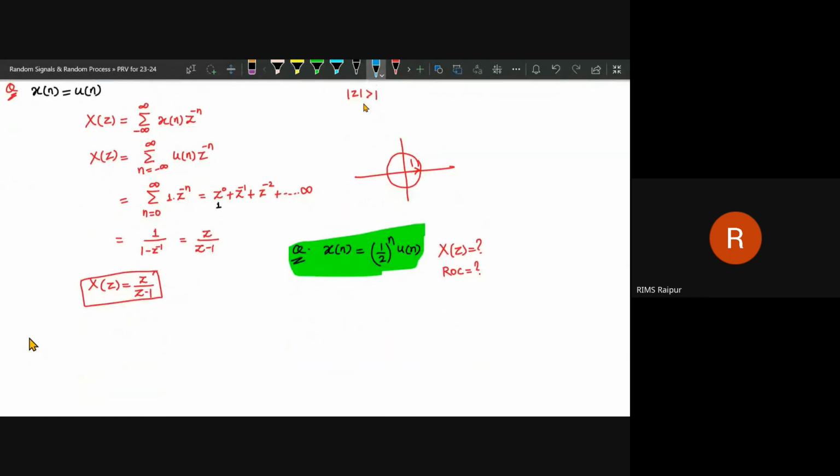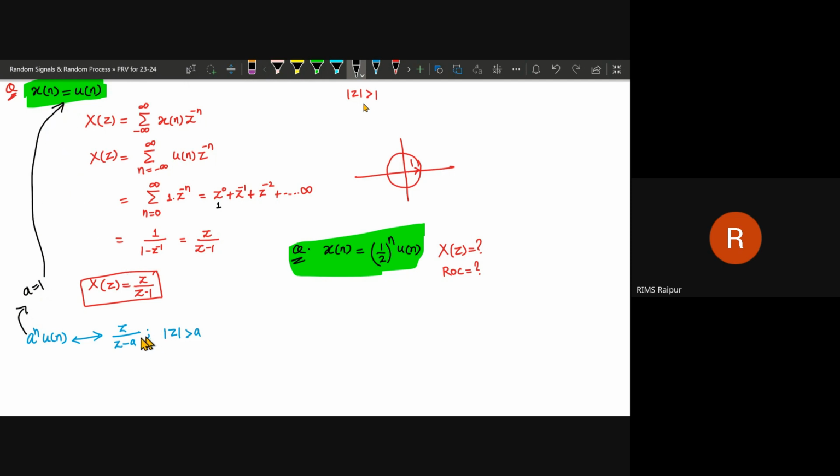In that example, a raised to power n u of n, the Z transform of this function was Z upon Z minus a, and the ROC was mod Z greater than a, correct? Now, in order to solve the first question which I have given to you, just put a is equals to 1 and you will get this signal.